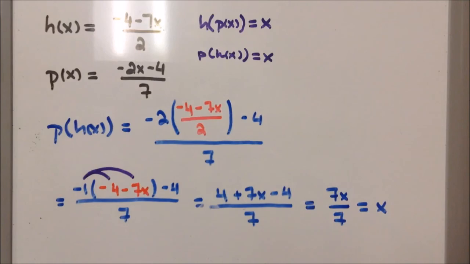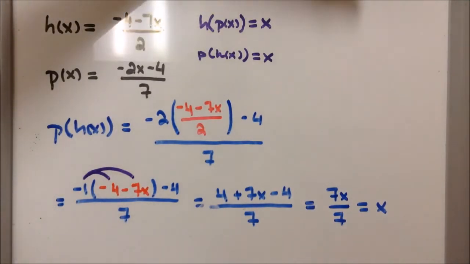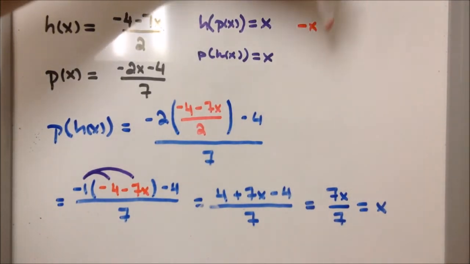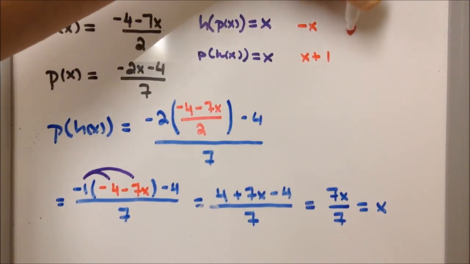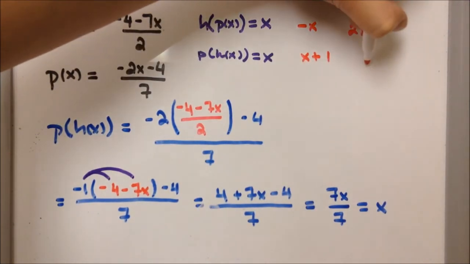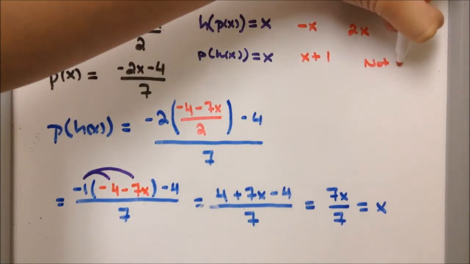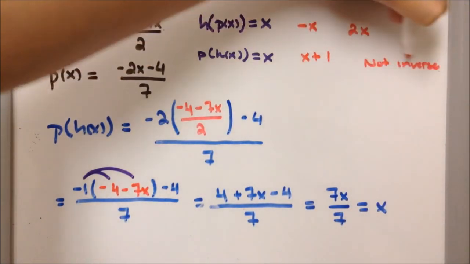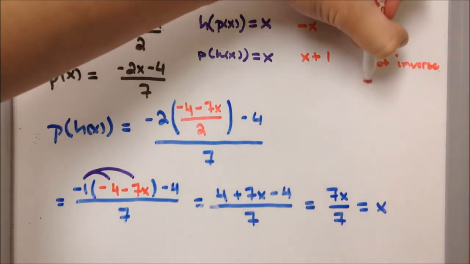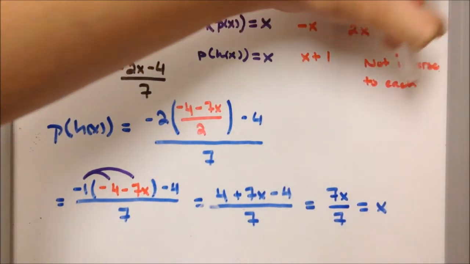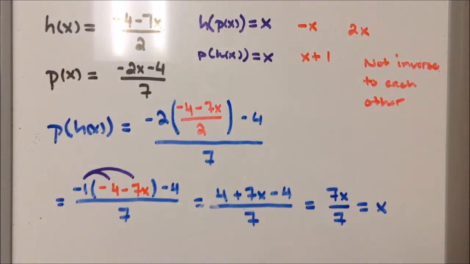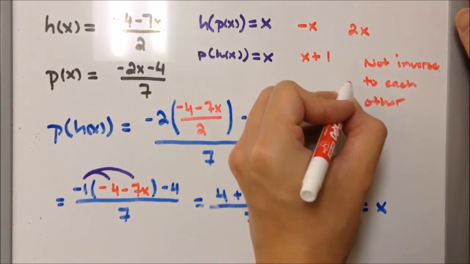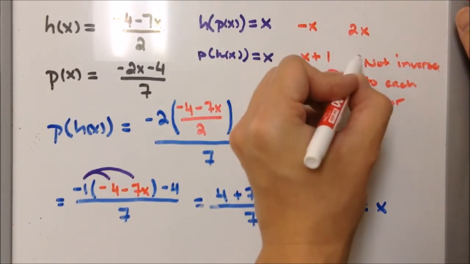So, let me write out examples of not inverse to each other. So, one would be like we just mentioned, negative x. Another one would be x plus 1. Another one would be 2x. So, all of these are not inverse to each other. So, if you have like x plus 1, then they are both not inverse to each other.